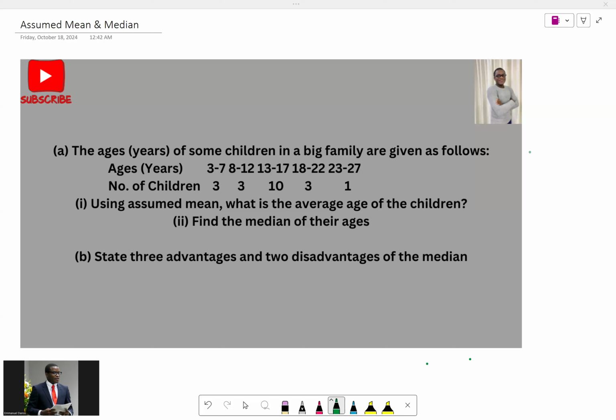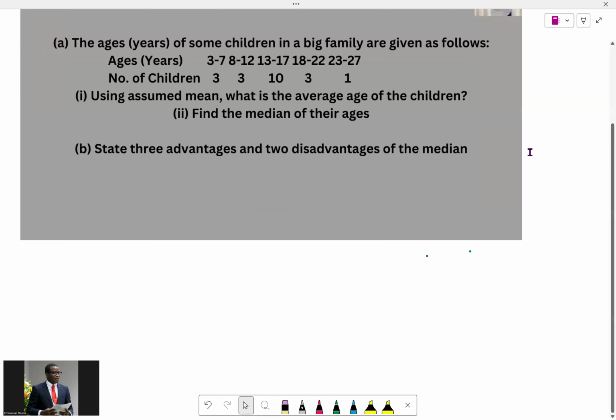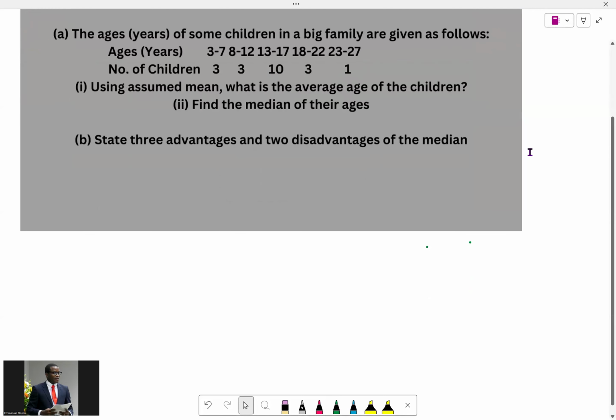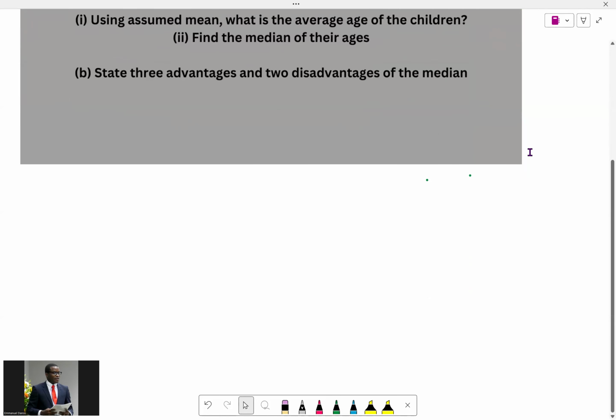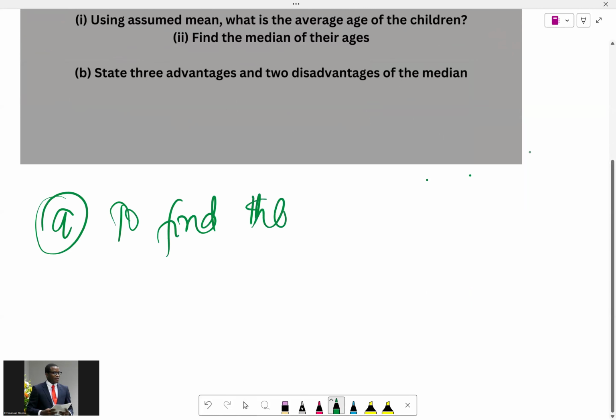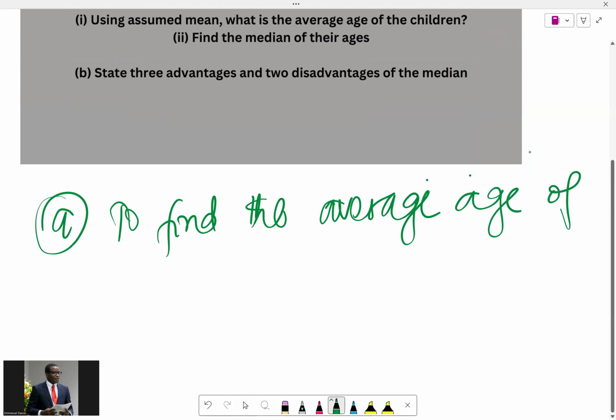So you want to use an assumed mean to find the average age of the children.